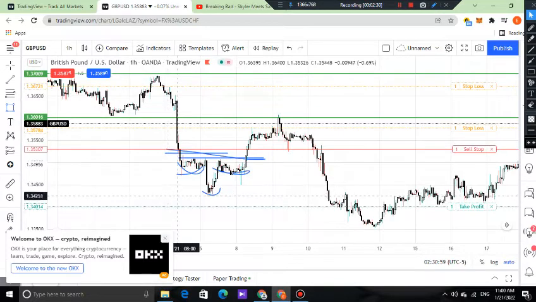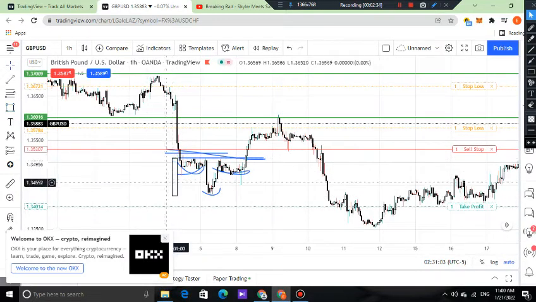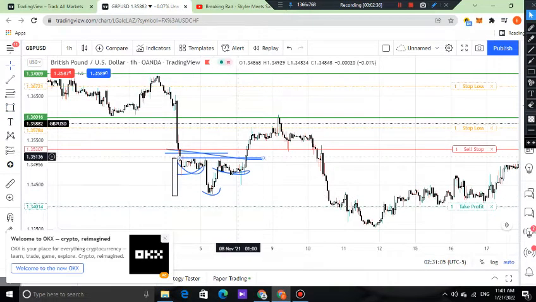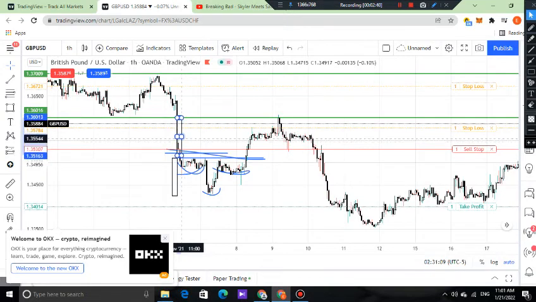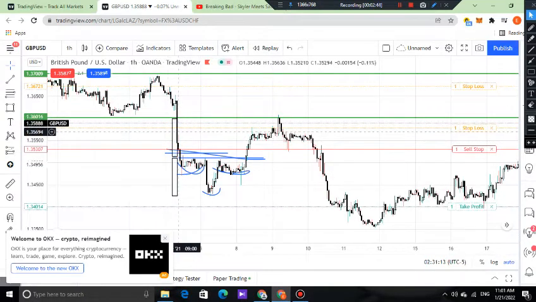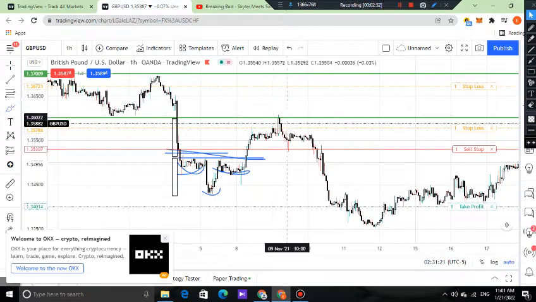And let's see, your target would be as high as the distance between the top of the head and the neckline. You measure the distance and copy paste it. Okay, as you can see, it definitely hit the target at this point, hands down.